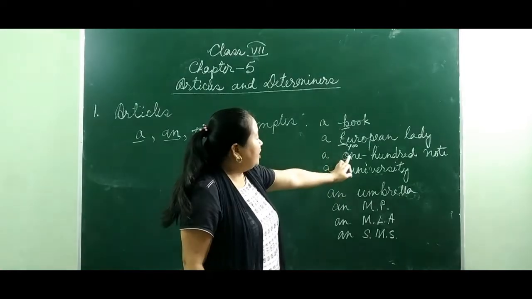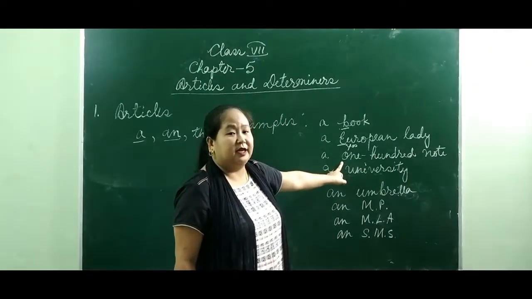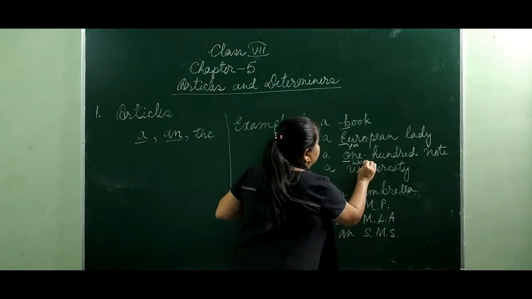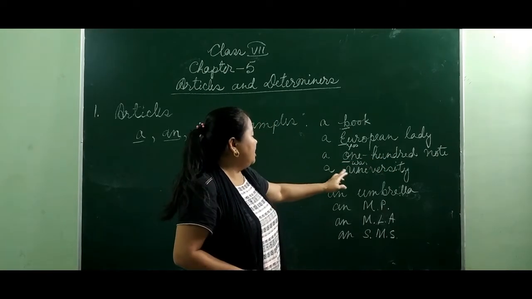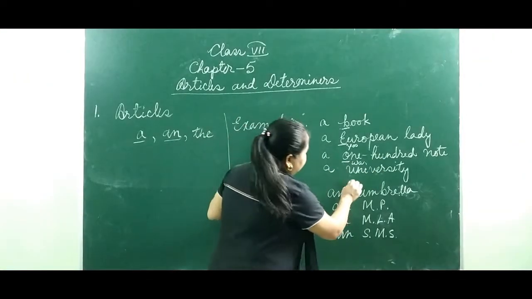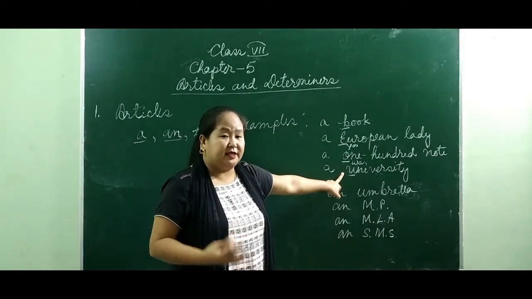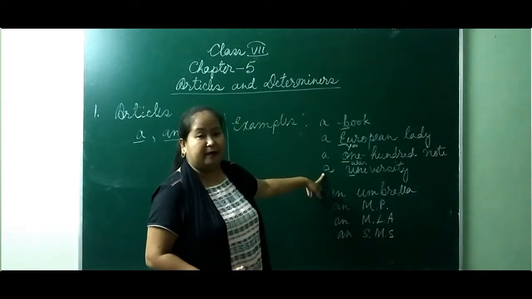A one rupee note. Here it is a vowel letter, but the sound is a W sound, so a one rupee note. A university. It also starts with a vowel letter, but the sound is a Y sound. So the article a is used here.